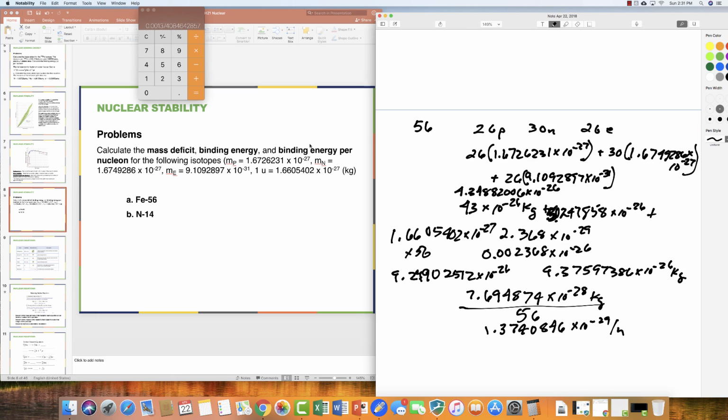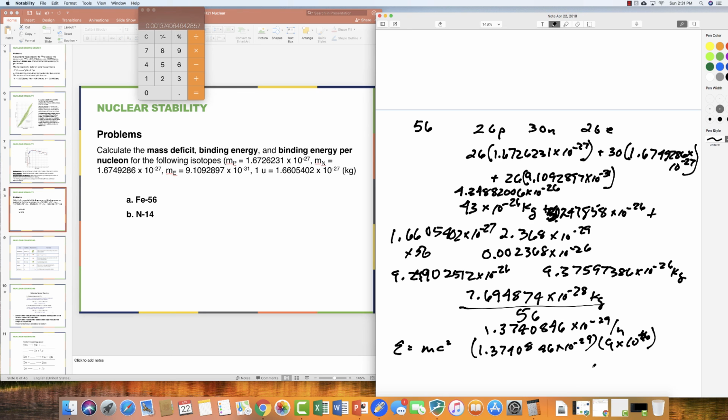And then it says binding energy per nucleon. We take this number and put it in the E equals mc squared formula. So it would be 1.3740846 times 10 to the minus 29 times c squared, which we said was 9 times 10 to the 16.